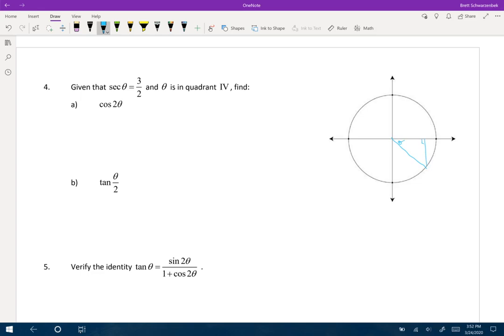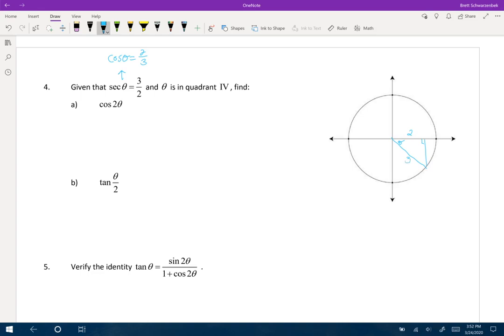Okay, according to this, the secant is 3 over 2, so ideally you want to just change that to cosine theta is 2 over 3. Remember, it's a reciprocal function, so we just flip the fraction. And that means adjacent over hypotenuse is 2 over 3. So in our triangle, our adjacent is 2, our hypotenuse is 3.